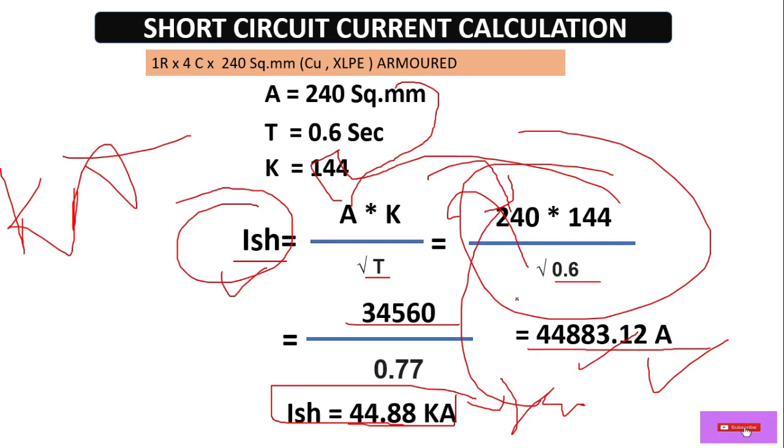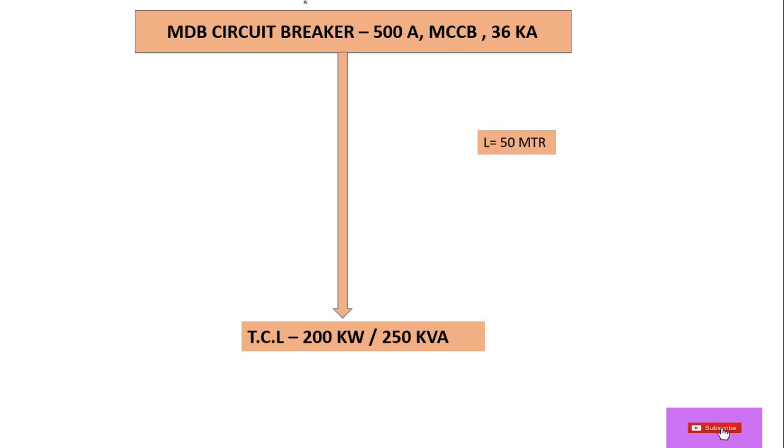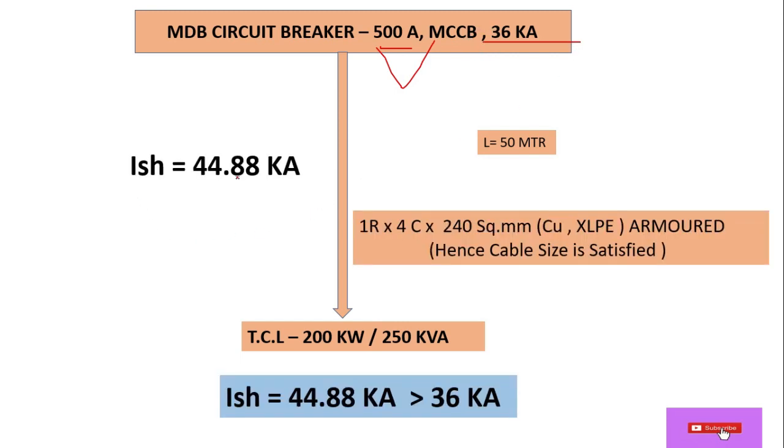Now let's compare this calculated short circuit current with the MCCB, the circuit breaker's breaking capacity. So here the breaking capacity of this 500 ampere breaker is 36 kA. Now our calculated value is 44.88.